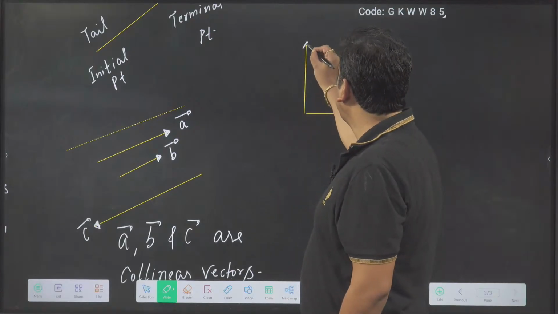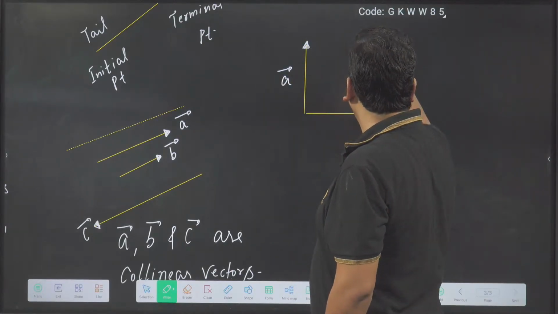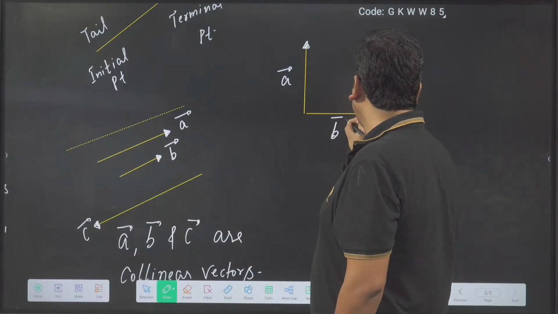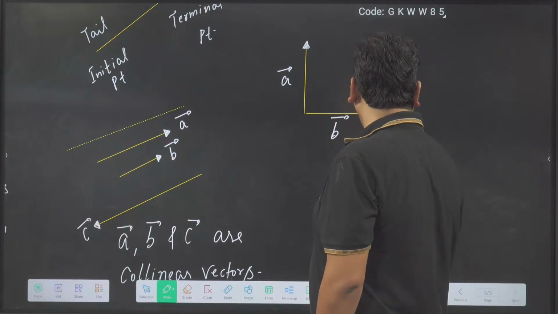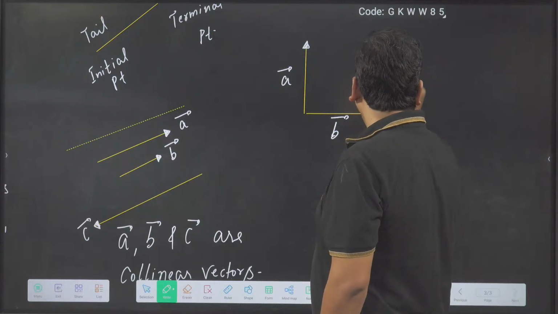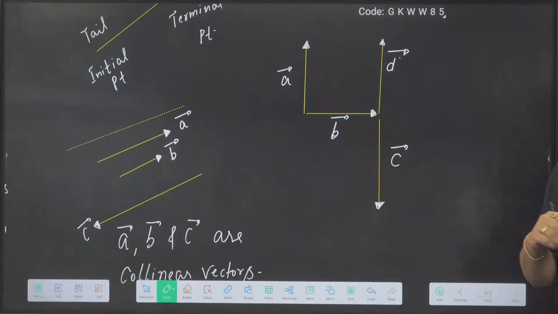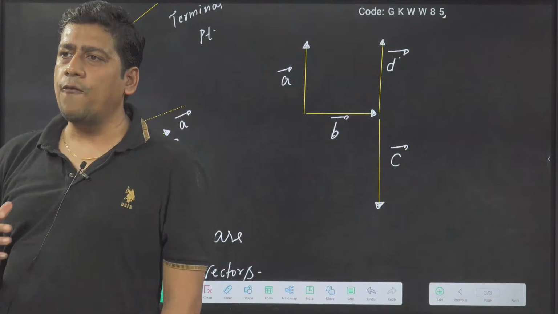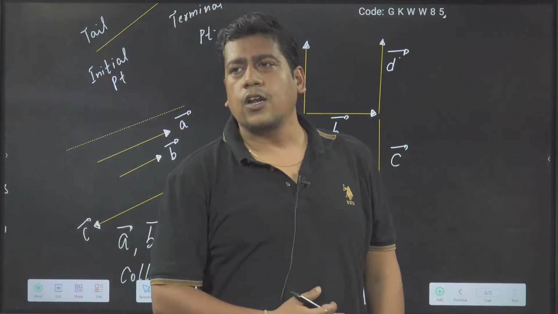Let's see this. Let's say this is A vector. This one is B vector. This one is C vector, and this one is D vector, the digit 4. Tell me, which set of vectors are collinear vectors?